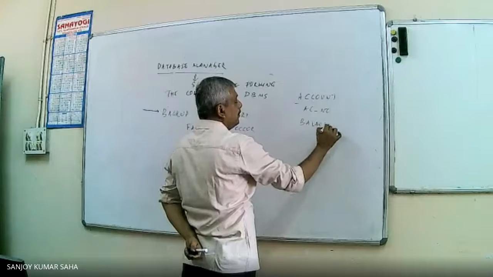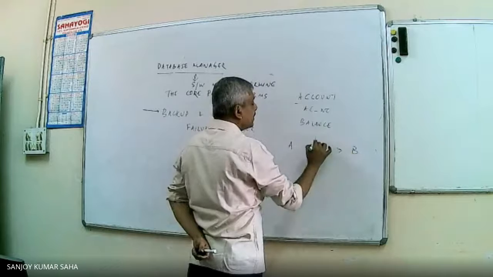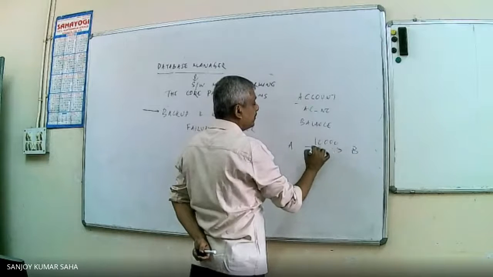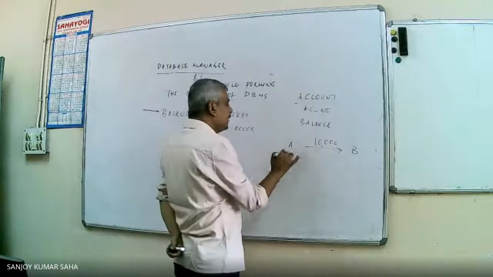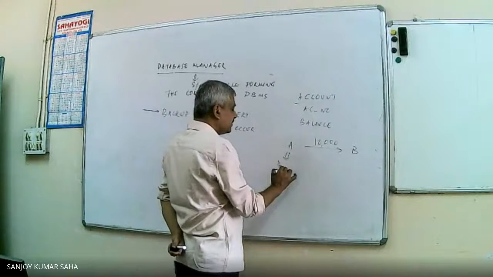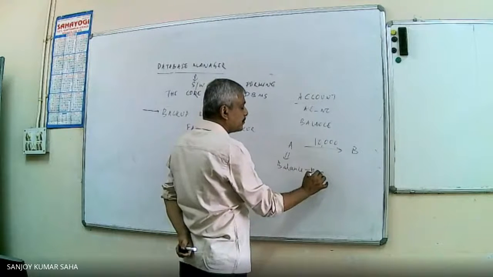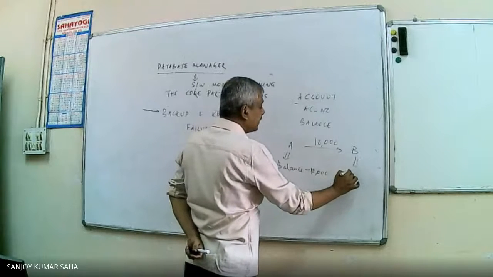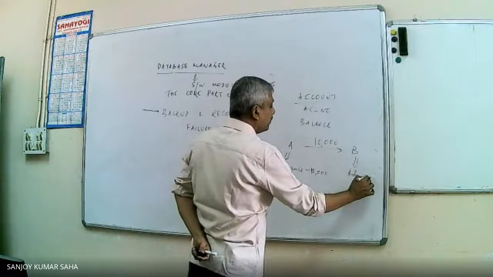Say from account A to B, there is a transfer of say 10,000 rupees. Then its balance has to be decremented by 10,000. This balance has to be incremented by 10,000.